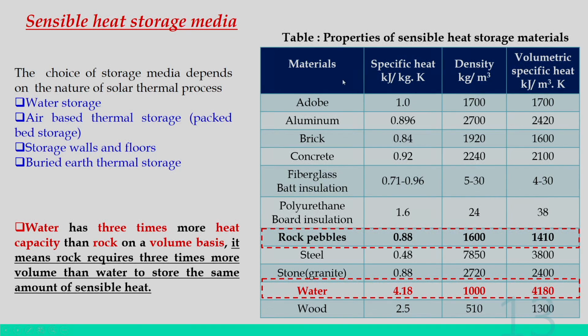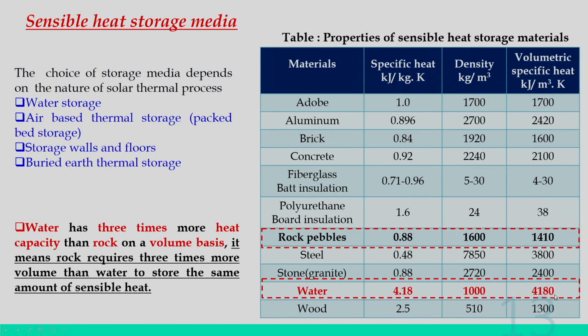Okay? So, if we compare two substances, like rock pebbles and water. In the case of rock pebbles, specific heat is about 0.88 and density is about 1600. If we multiply these two, we get 1410. In the case of water, specific heat is 4.18 and density is 1000.